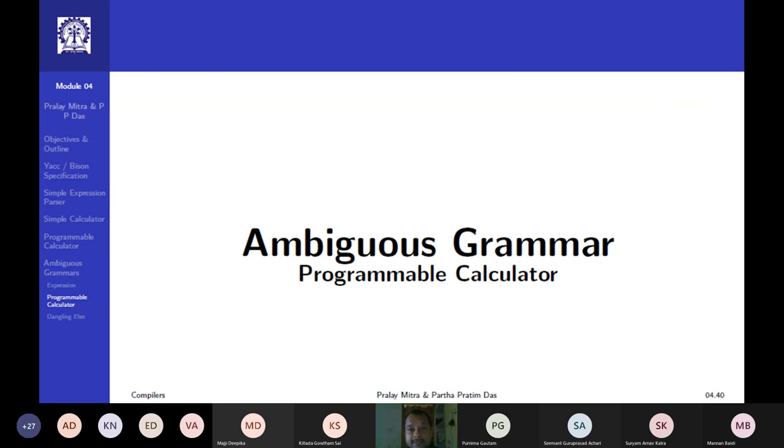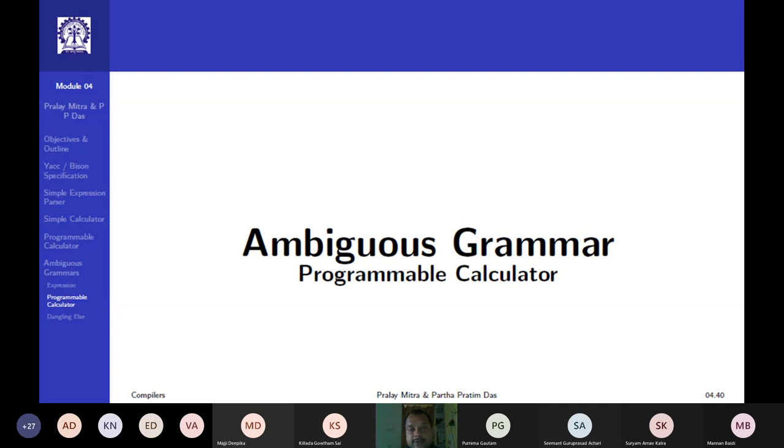So we are discussing the programmable calculator. Initially, we have seen that in case of simple calculator, it's only the operators and the integer constant which were being considered.